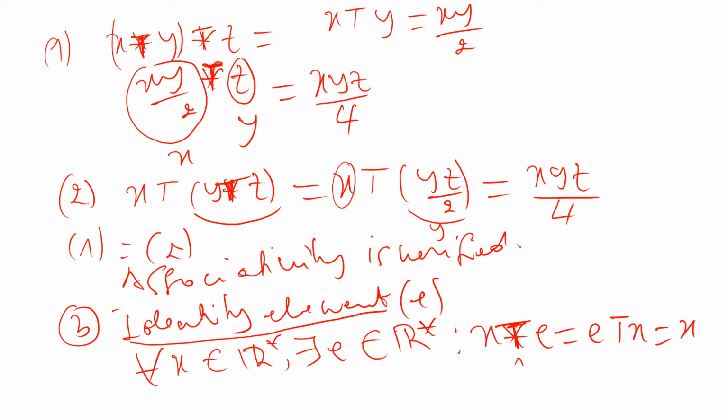Whether you use this one or this one, let's use the first one. x T e is equal to x. Now remember the definition is x T y equals xy over 2.